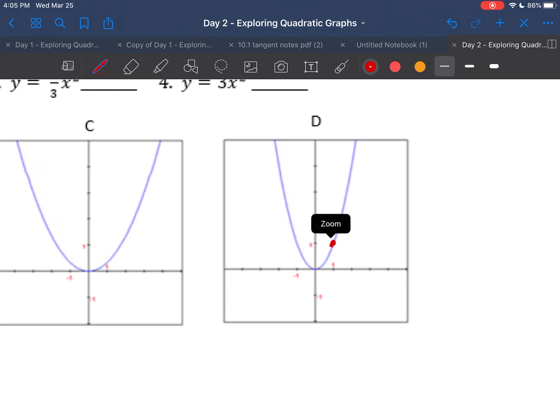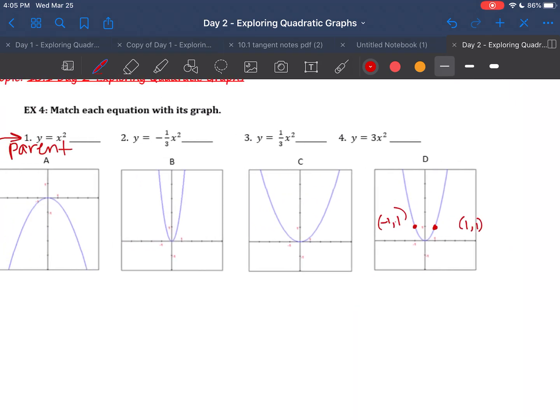But if I look at, I'm going to put a dot right here. That is at the ordered pair (1, 1), and then another dot about right here is at the ordered pair (-1, 1).